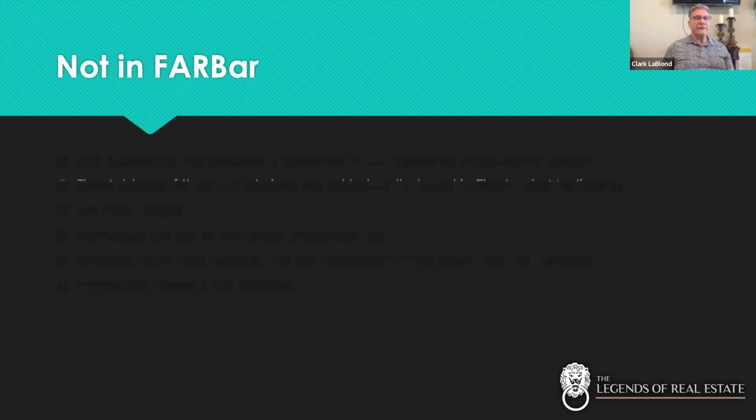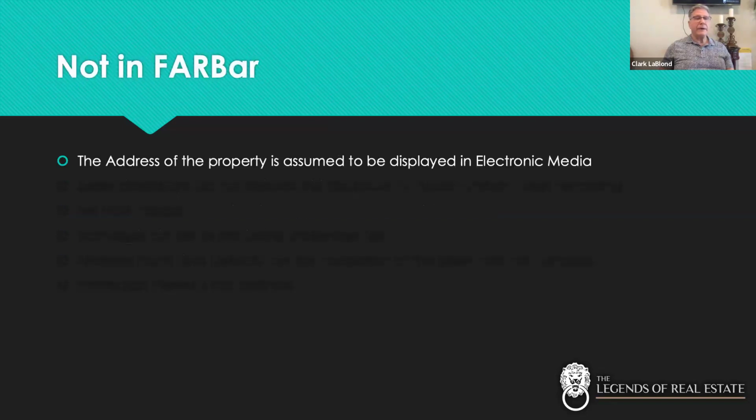What else is not in the FARBar? Addressing whether or not the property is assumed to be displayed in electronic media. The address of the property is assumed to be displayed. Remember, in NEFAR, the seller had the choice to say, I want my address displayed, or I don't want my address displayed.